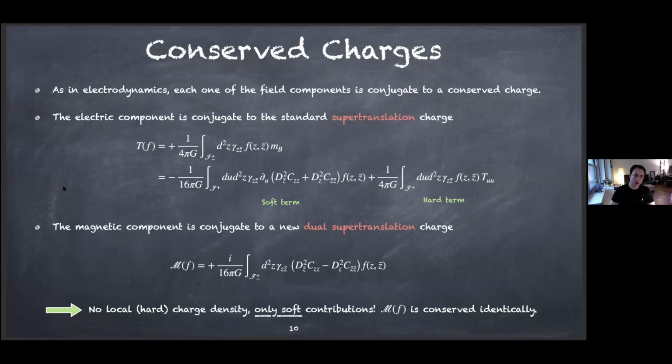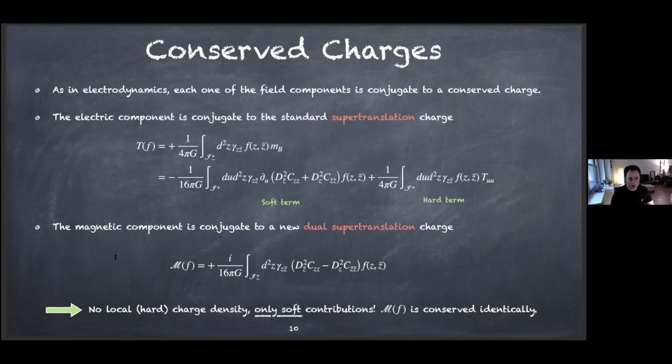Now, in addition to the electric charge, which is supertranslation, we will have a new charge conjugate to the magnetic component. And we name this charge dual supertranslation in reference to electric-magnetic duality. This charge takes the following form, and there are different ways to derive and understand it.